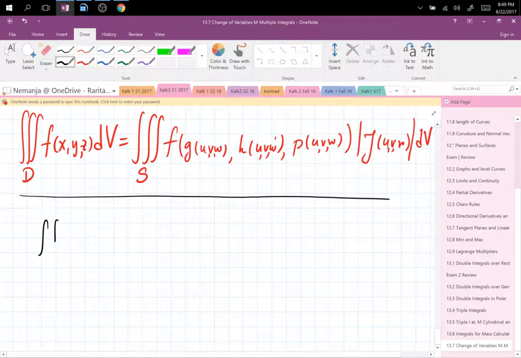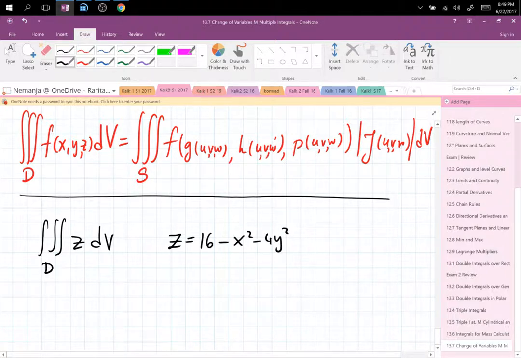So let's say the triple integral of dz dV, where the region is bounded by the paraboloid z equals 16 minus x squared minus 4y squared, and the transformation is x equals 4u cosine v, y equals 2u sine v, and z equals w.